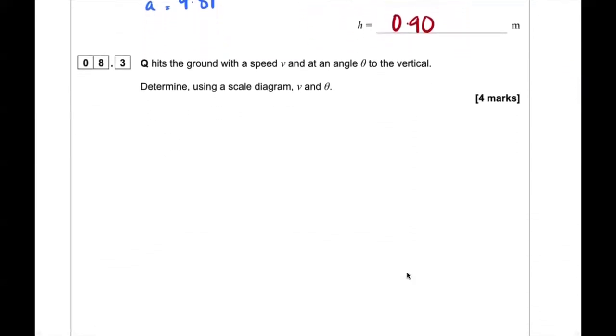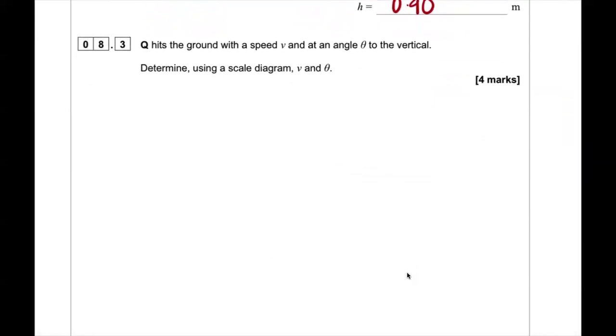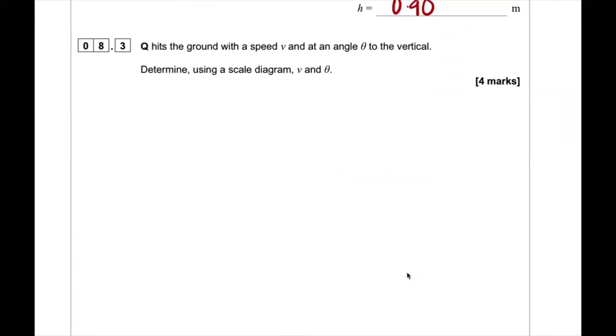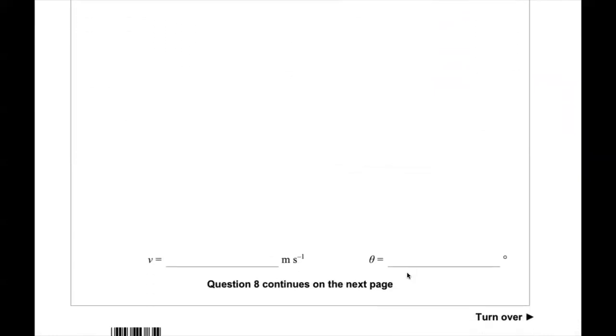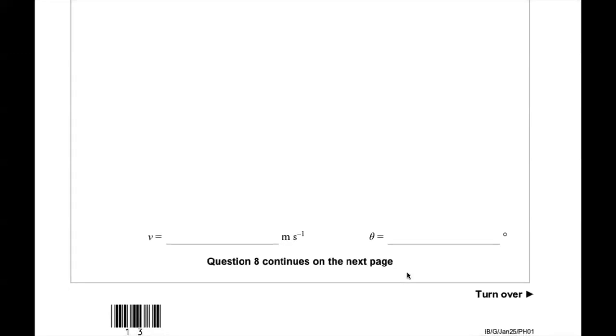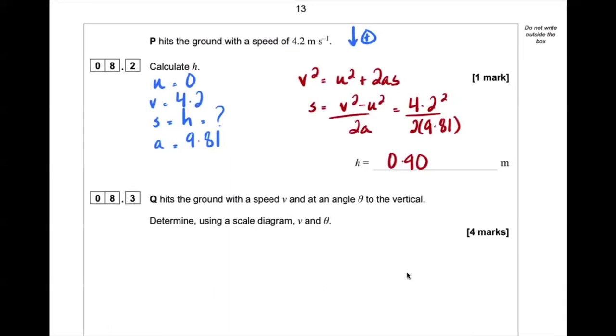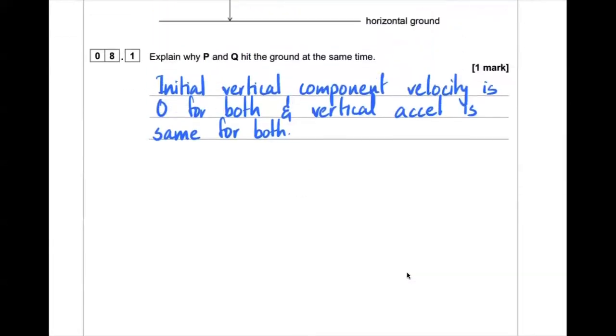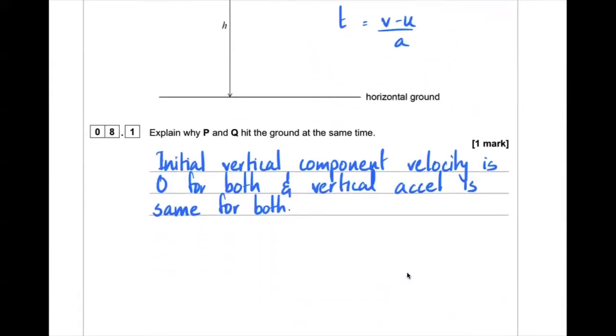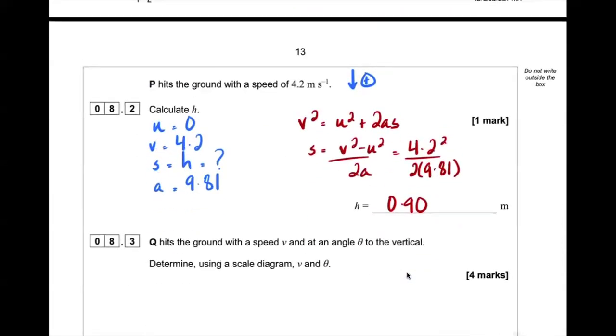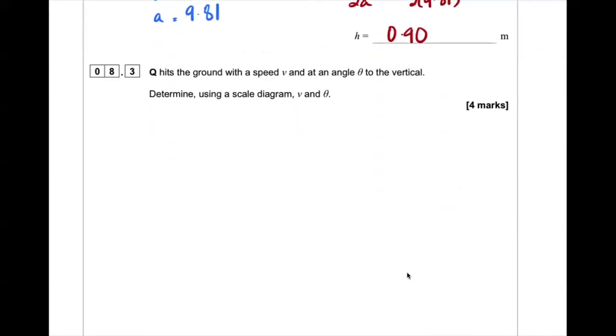Q hits the ground with a speed v and an angle theta to the vertical. Determine using a scale diagram v and theta. All right, so we need to find v and theta. For this, we'll need to make the triangle. Whatever is the vertical speed, which is 4.2 here, is also going to be the vertical for this.